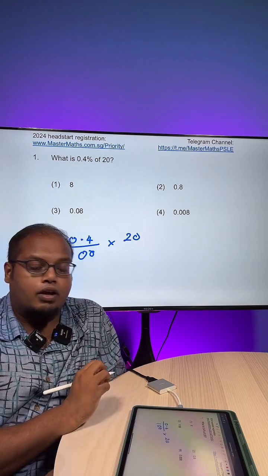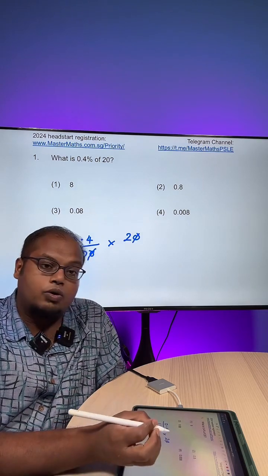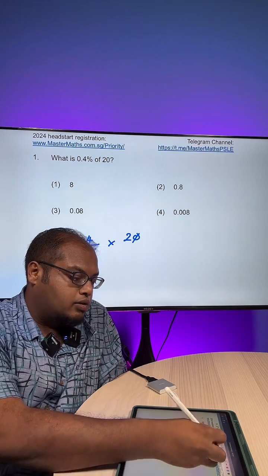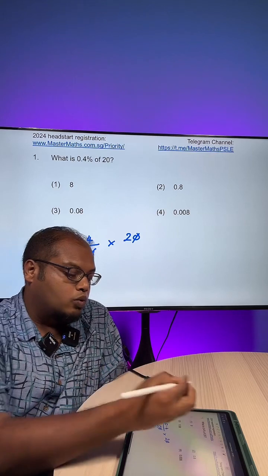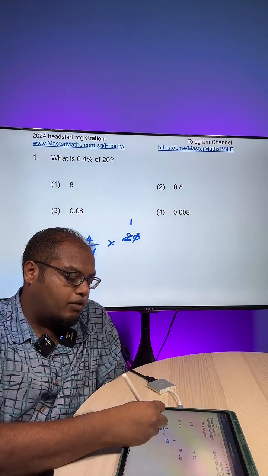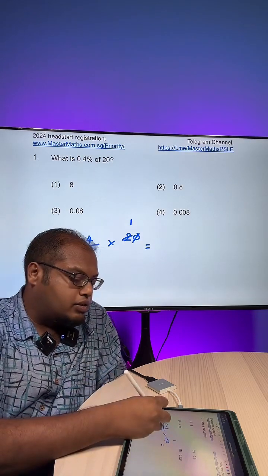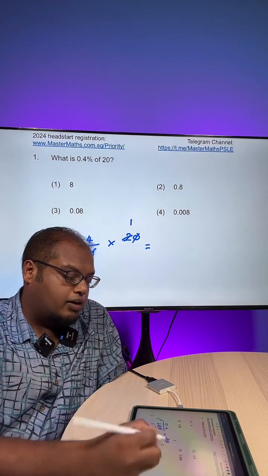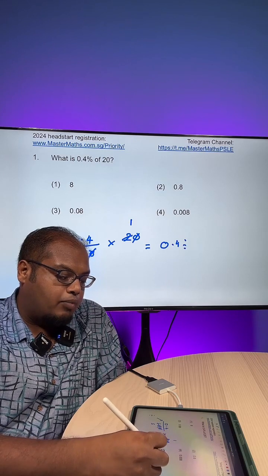So we cancel these zeros, and this 2 and this 10 have a common factor of 2. We divide both by 2, become 1 and 5. This line here stands for divide. So all you have to do now is 0.4 divide by 5.